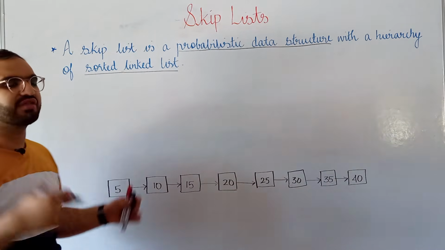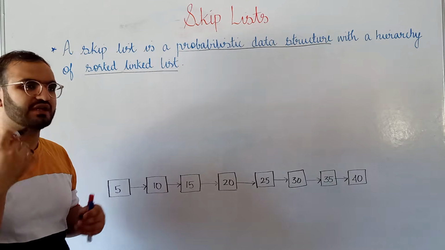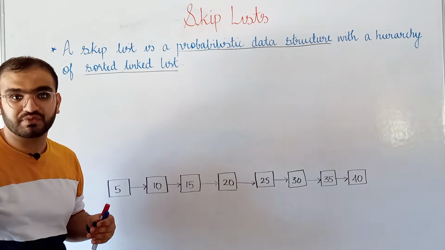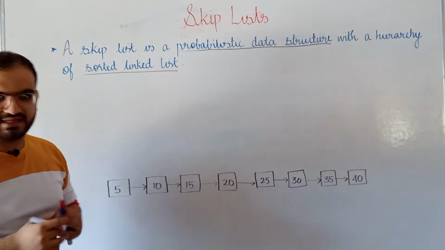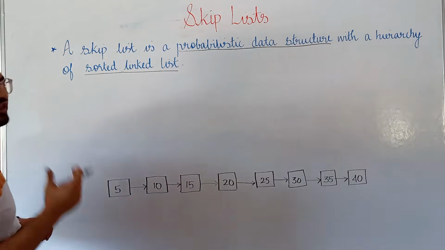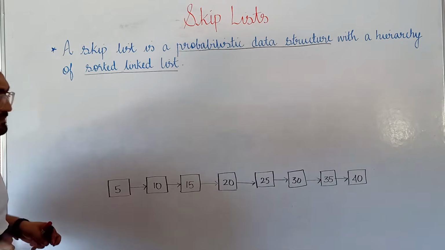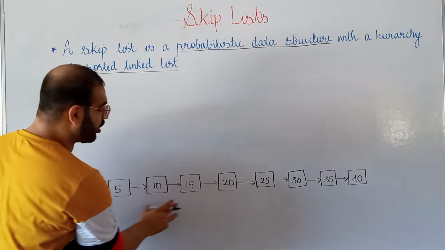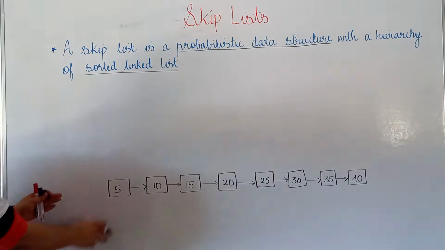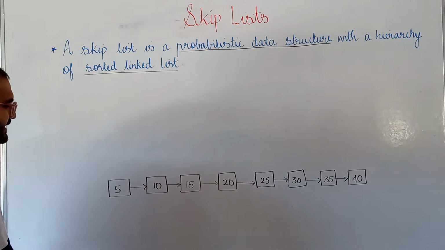That means a skipList has a structure in which there are multiple linked lists in a particular hierarchy, right? Earlier we talked about a sorted linked list, not a skipList. And this sorted linked list looks something like this. This was the sorted linked list that we saw earlier.